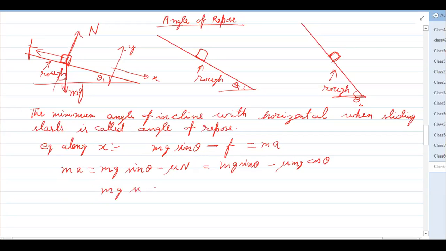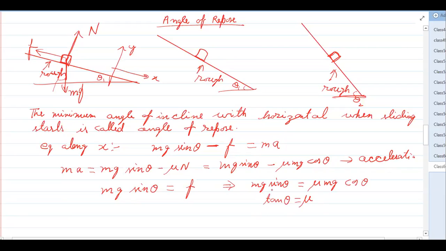This is for acceleration, but just for starting the slide, we can write directly like this, and we will have mg sin theta equal to mu mg cos theta, or we can write tan theta equal to mu. So this is the condition just to start the slide.